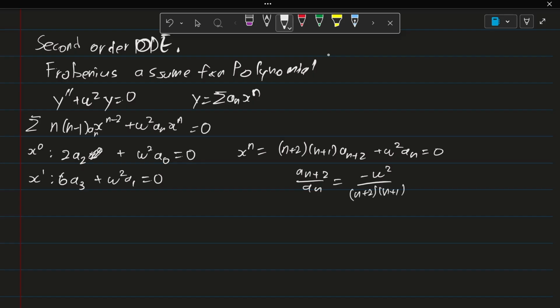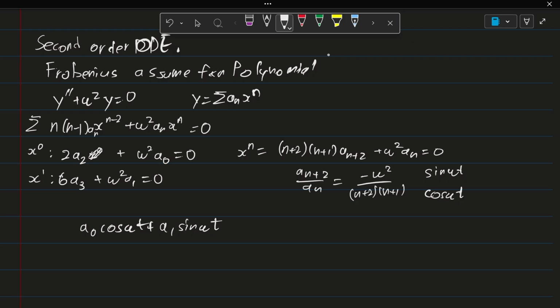Now you might not really recognize this straight away, but this is a solution of the sine and the cosine. The sine omega t and the cosine omega t, if you do the Taylor series, it has this pattern. And so because of this, you could get the solution that this is just a_0 cosine omega t plus a_1 sine omega t. This is a very elegant solution of the harmonic equation.